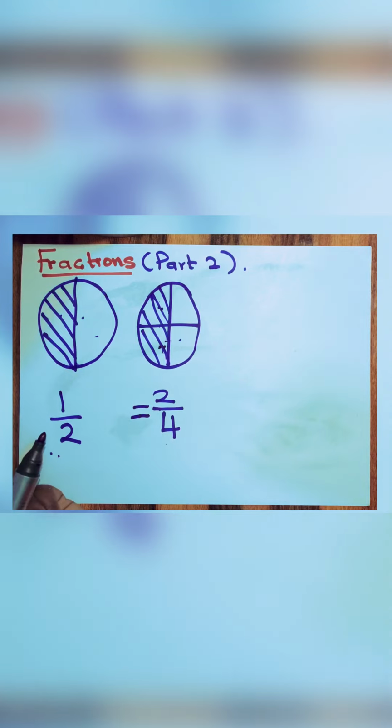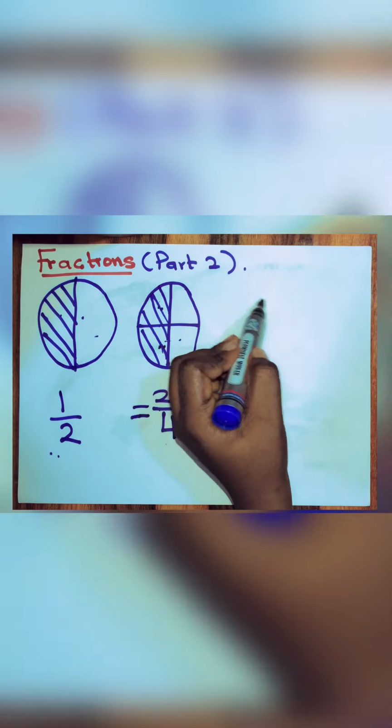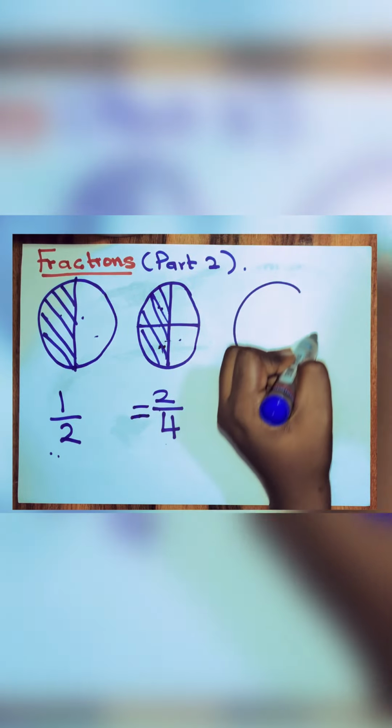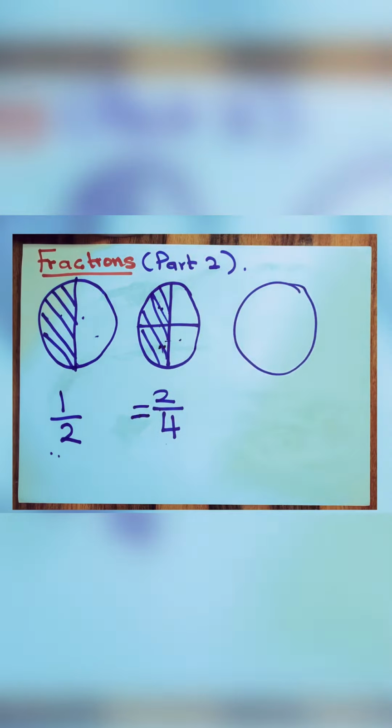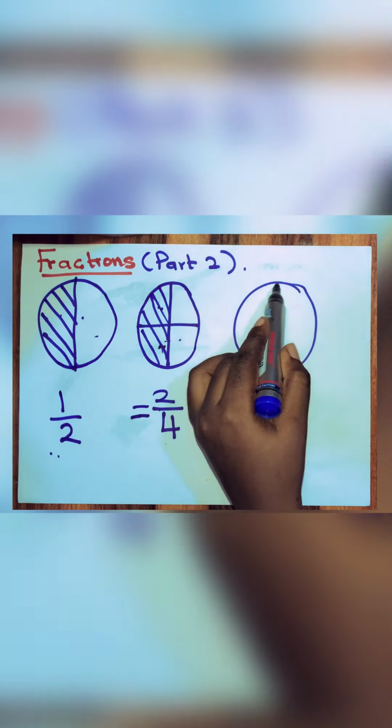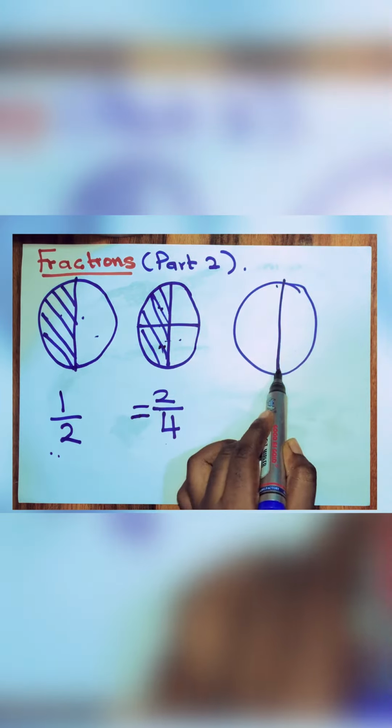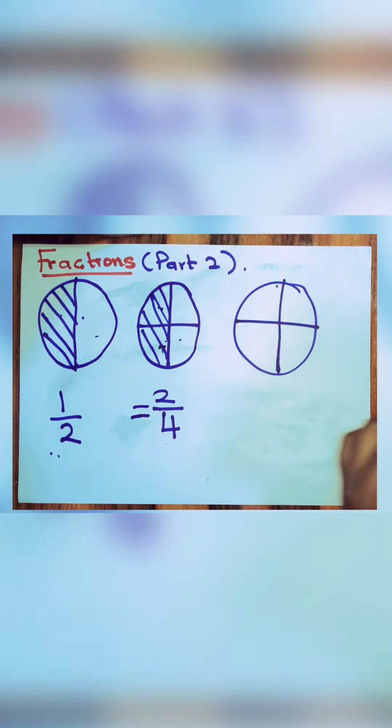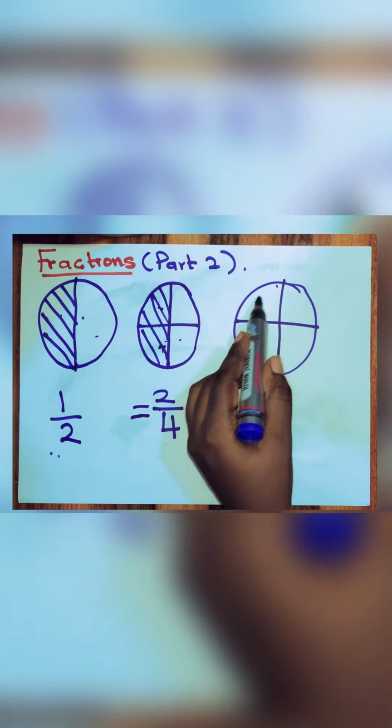Now, let's take a look at this one too. A third pizza. Let's divide this pizza into 8 equal parts. So we take it this way and then we slice it this way. And now we have 4 here.